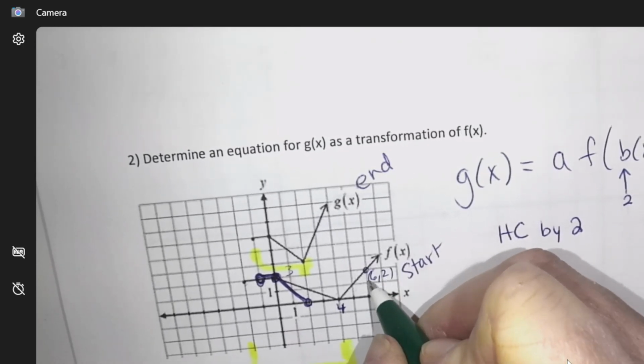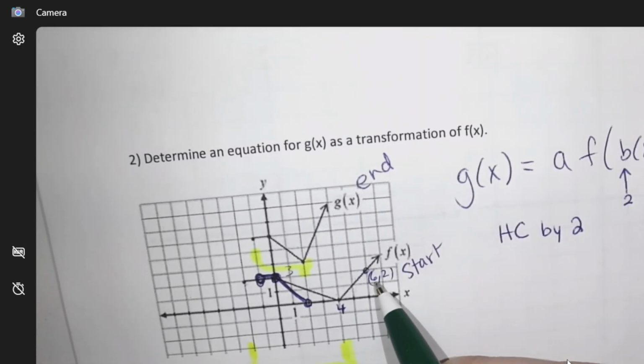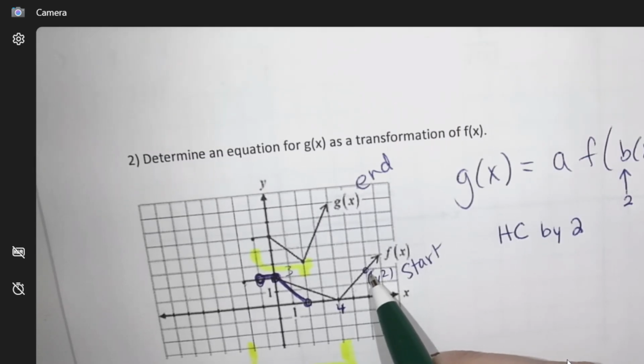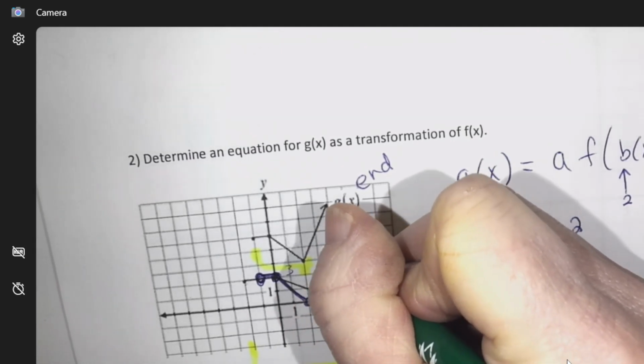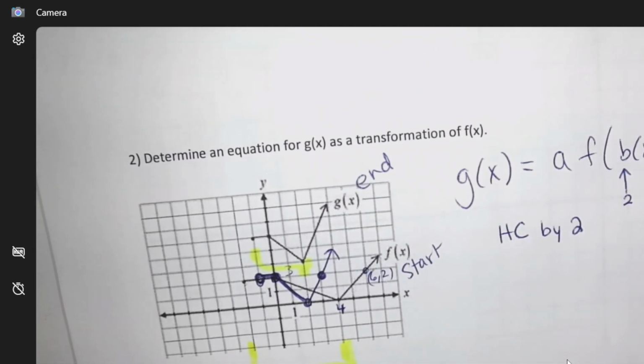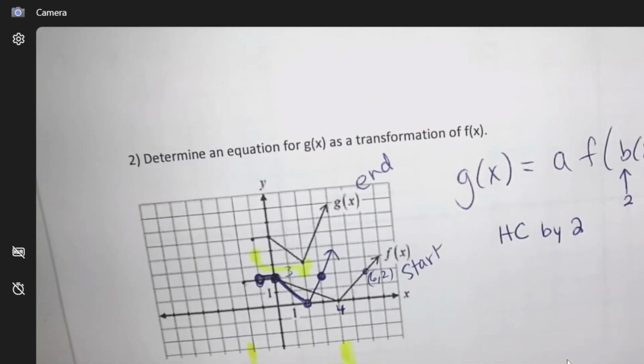So I'm going to kind of take another coordinate here. I'm going to make one. 6, 2 would now go to 3, 2.